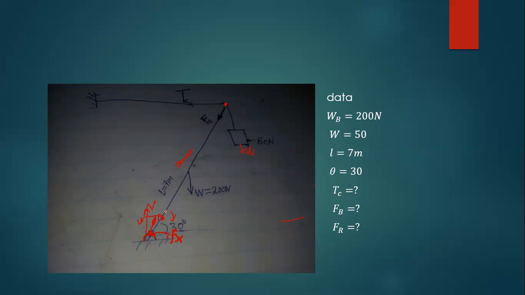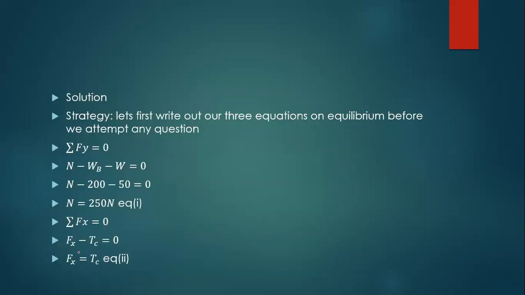So when the boom exerts a force on this hinge, there will be a force component in the x-axis. So we have this Fx, and we have our tension in the cord. These are our 2 forces in the x-axis.